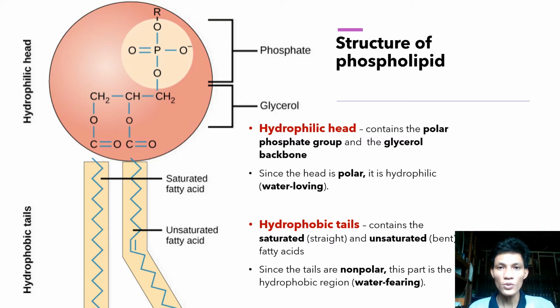It is hydrophilic, or polar. Hydrophilic means that it's water-loving. This phosphate head group will do whatever it can to get to water. It loves water. But these fatty acid tails, because they are very, very long carbon chains, are hydrophobic. So it's water-fearing. These two fatty acids will do whatever they can to get away from the water.